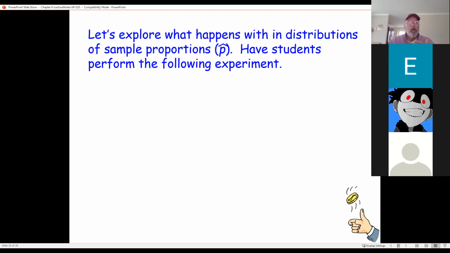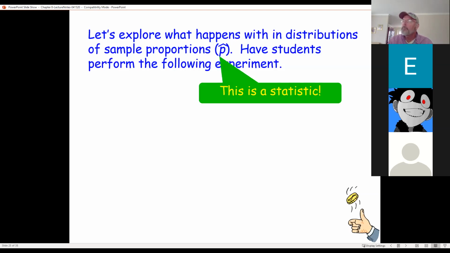We can have X bar, we can have P hat, and both of those are statistics. We've talked a lot about the sample mean, and now we're changing our focus to the sample proportion.